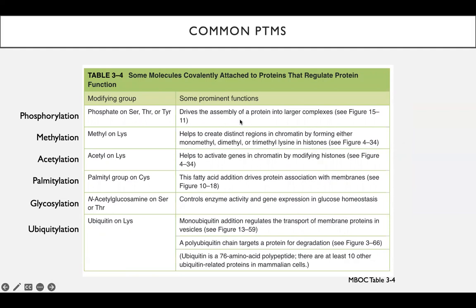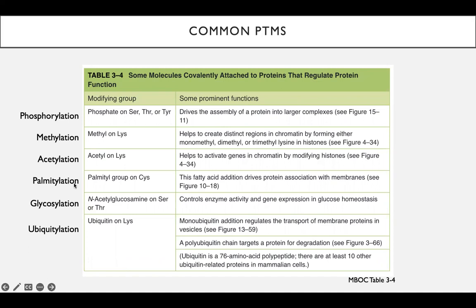So, for phosphorylation, it shows that it could drive the assembly of protein into larger complexes. But again, it's important when thinking about PTMs to think about them in the context of whatever cellular process you're investigating.